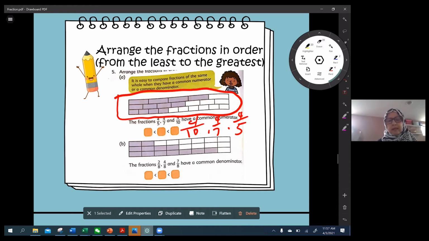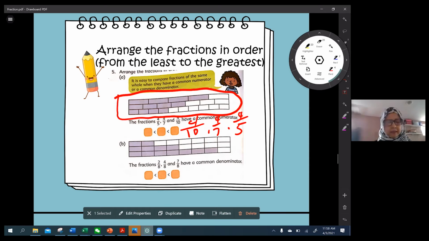If you cut it into 5 pieces, compared to 7 pieces, compared to 10 pieces, the sizes of the smaller pieces will be different, right? The fewer pieces you cut it into, the bigger slice you're going to have. Do you understand that? Yes.